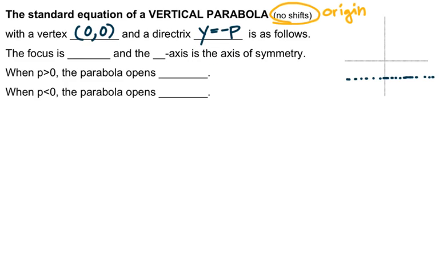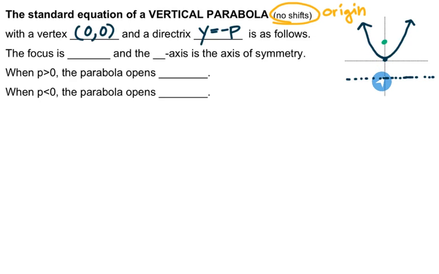So we have a vertex at (0, 0), and this parabola opens up. Now the focus is inside the parabola. Remember, I said that the distance between the focus and vertex is the same as the distance between the vertex and the directrix.